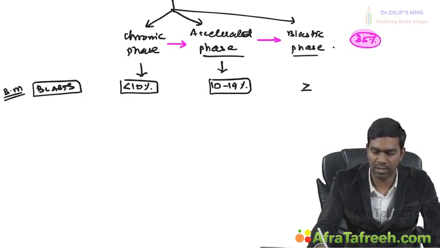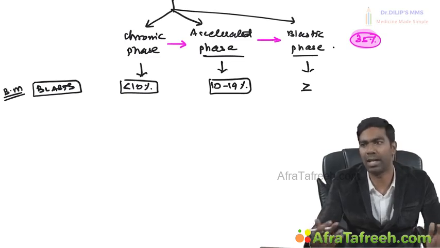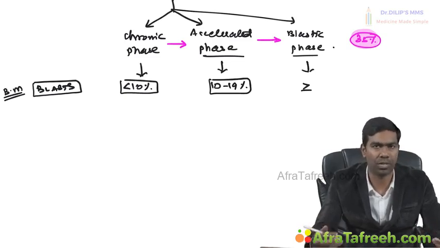Obviously in blastic phase, they become like acute leukemia, which means the blasts are going to be more than 20%. Remember, acute leukemia's blasts will be more than 20%. If you call it a chronic leukemia, there should not be that many blasts, less than 20% by definition.